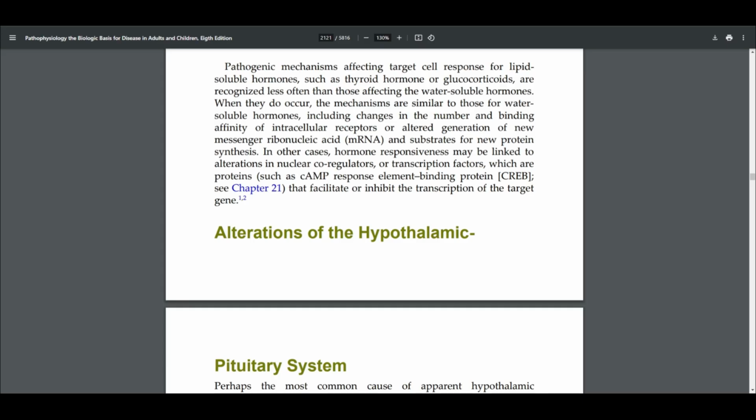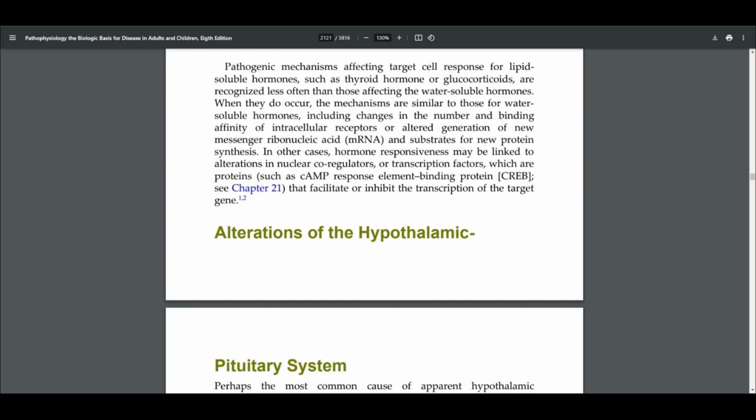In other cases, hormone responsiveness may be linked to alterations in nuclear co-regulators or transcription factors, which are proteins that facilitate or inhibit the transcription of target genes.